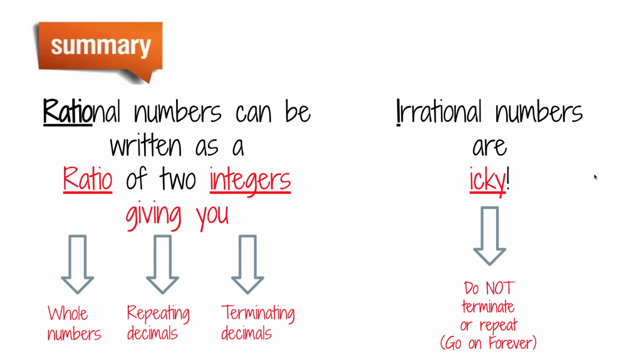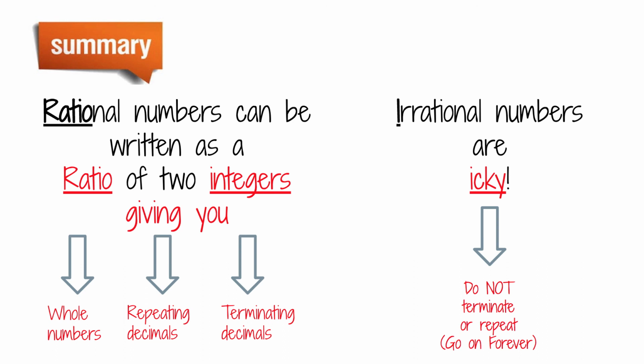Let's bring this to a close here. Rational and irrational numbers. Let's summarize here. Fill in what is in red in your notes. Rational numbers. Do you see how the word ratio is in there? Can be written as a ratio. A ratio is a division problem of two integers, and you could get a whole number as an answer, you can get a repeating decimal as an answer, or you can get a terminating decimal, a decimal that stops, as an answer.